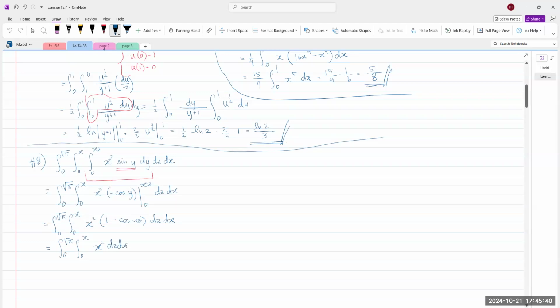I think that one is easy to integrate, minus the integral from 0 to square root of pi, integral from 0 to x squared of x cosine xz dz dx.